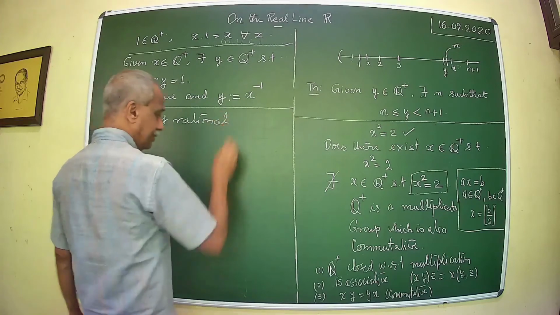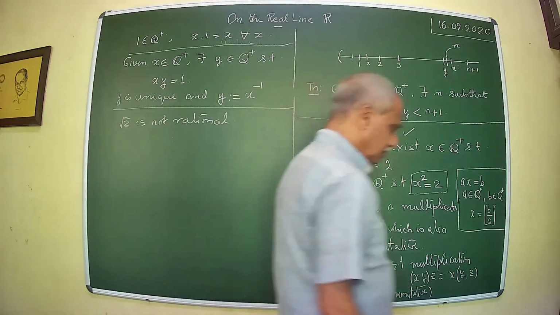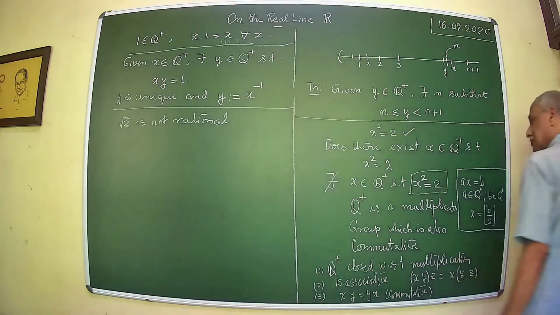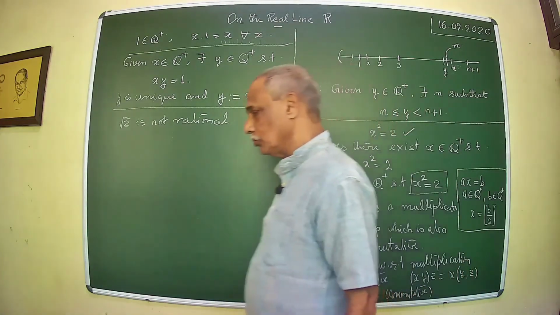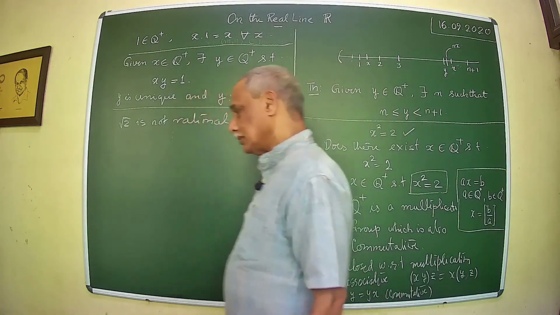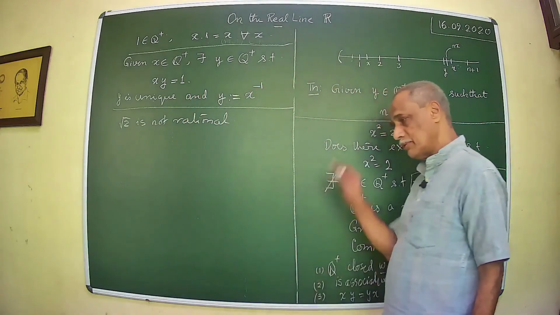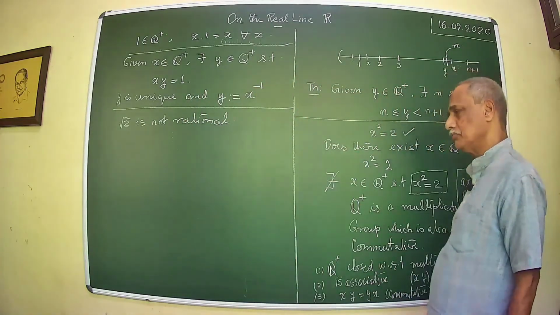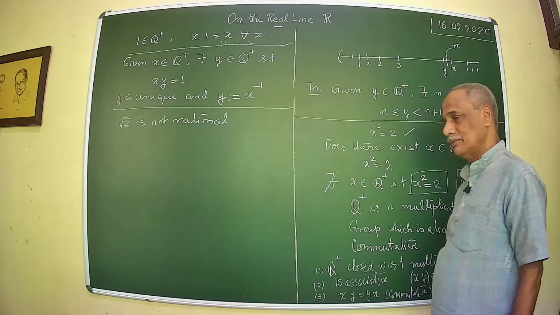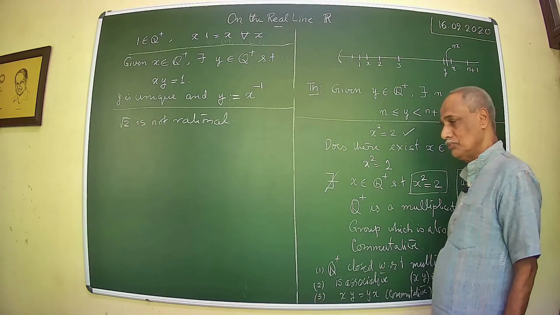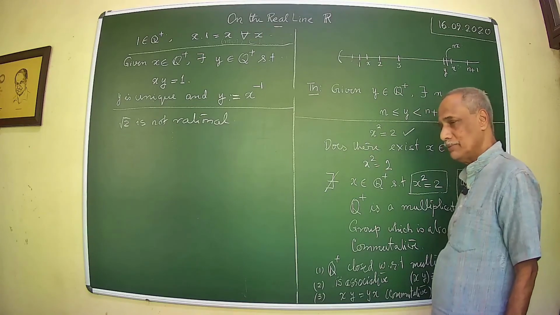You have a very well-known proof using contradiction, that is assuming root 2 equals p by q. Then you can assume no common factor between p and q. Then you get 2 equal to p square by q square.